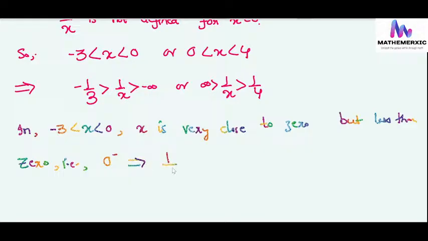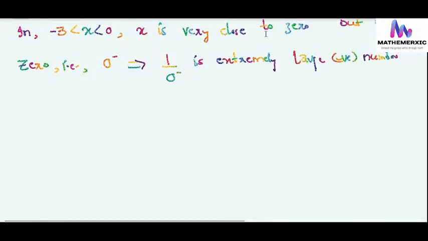It implies that 1 by 0 minus is an extremely large negative number, which is denoted by negative infinity.